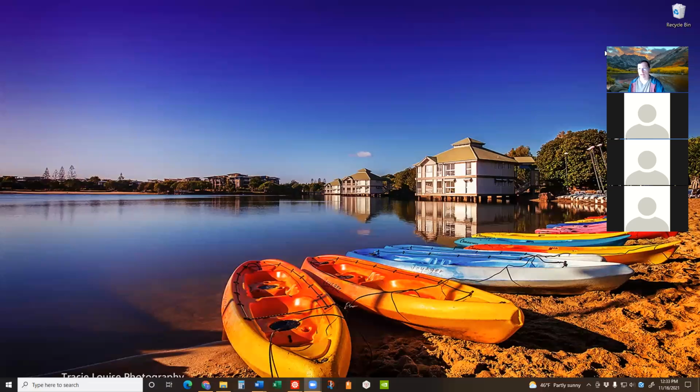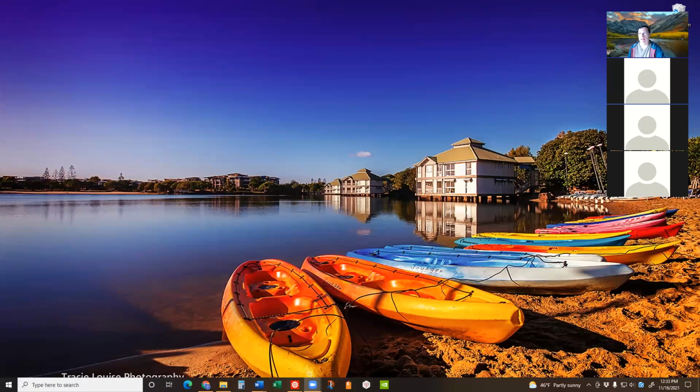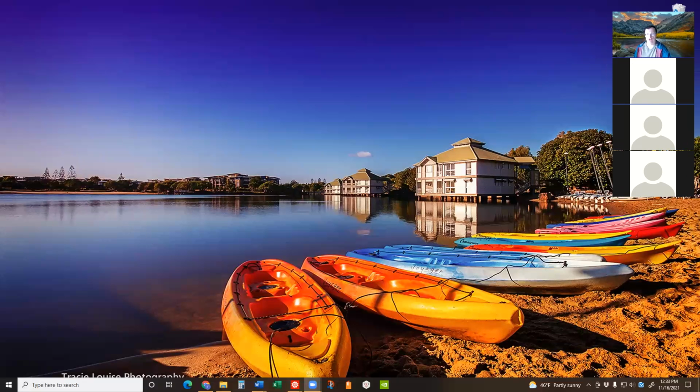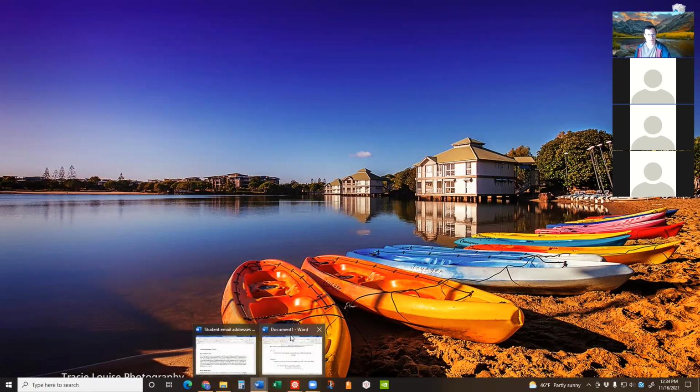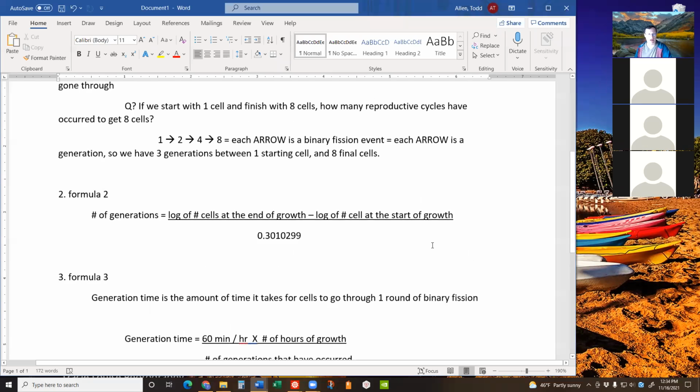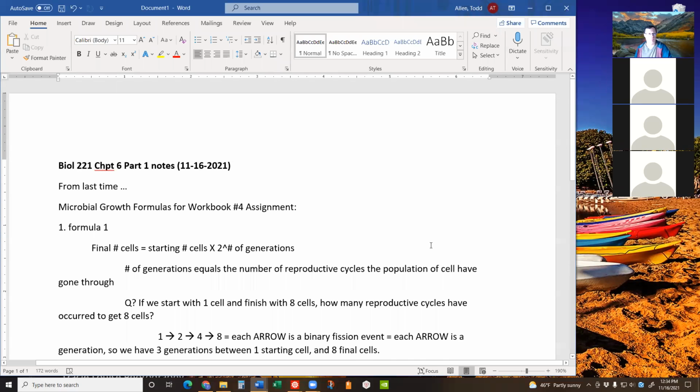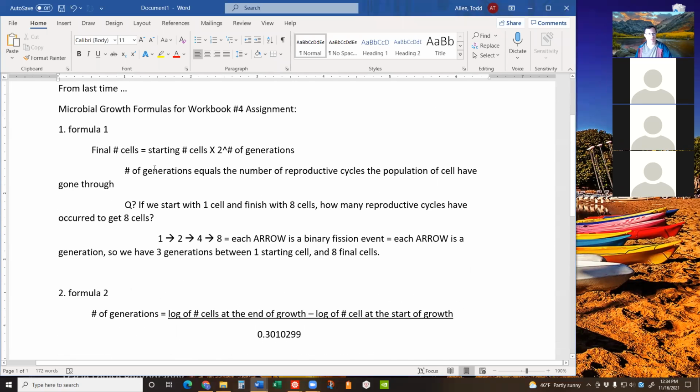Last time we were together, the very last piece of information I put into your notes were some formulas from chapter 6. Here they are once again. Formula number 1: final number of cells equals the starting number of cells multiplied by 2 raised to the power of the number of generations. And we went through a little bit of conversation about what it meant to have a generation.